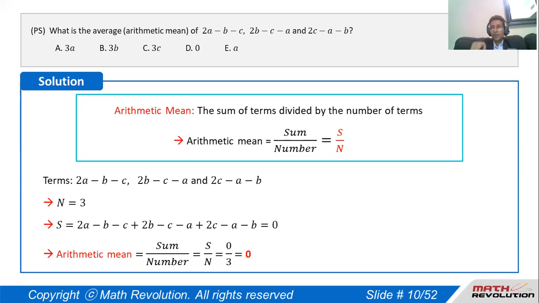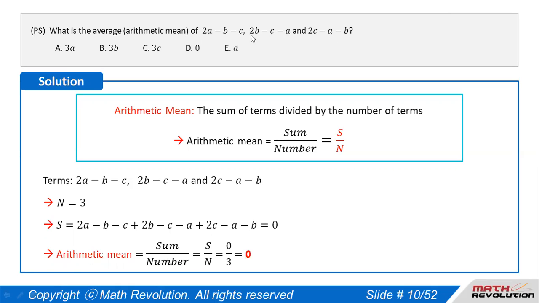Now understand, before jumping to solve, just look at those numbers first. This is why I've kept this particular question in today's webinar. We have 2a here, and we have one negative a and another negative a, and we are adding those.